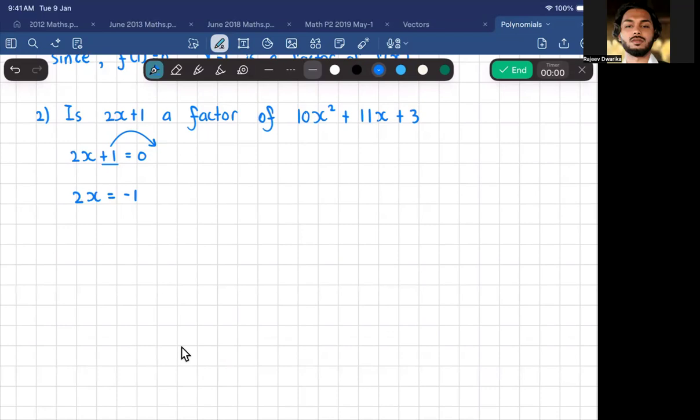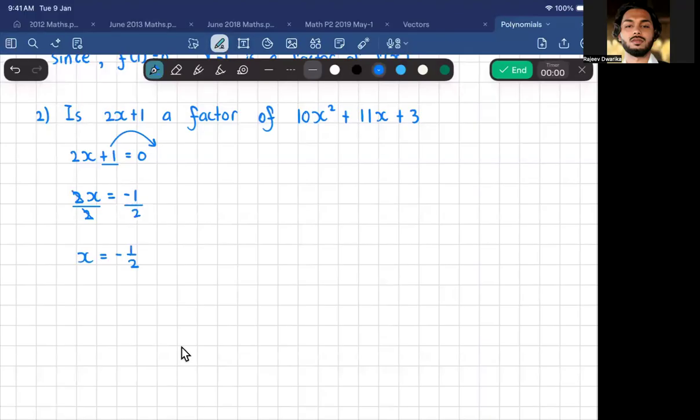Right, because the opposite of multiply by 2 is divide by 2. So it's going to be 2x over 2. You see the 2 and the 2 cancel off there. So x is just equal to minus 1 over 2.